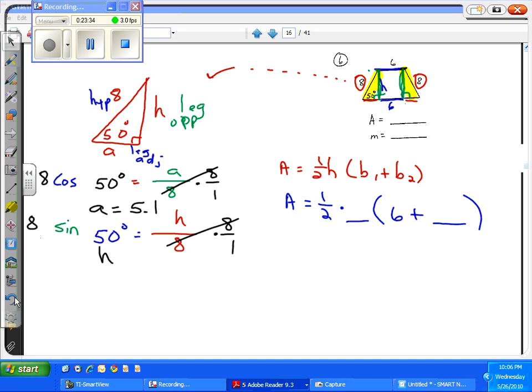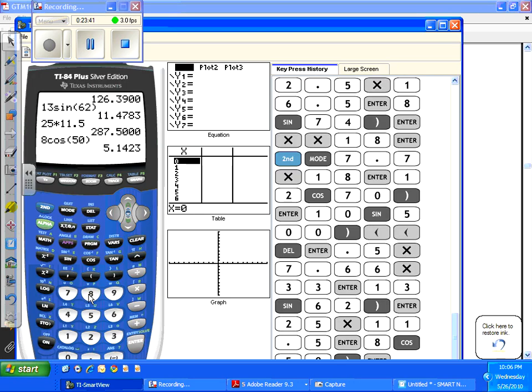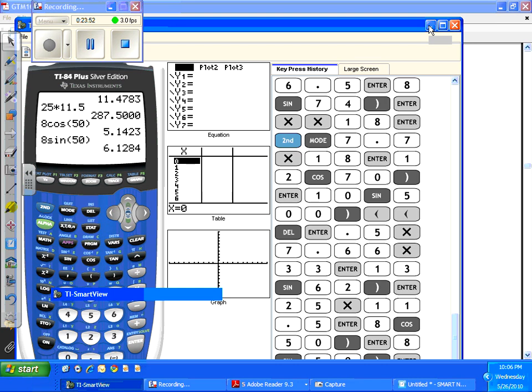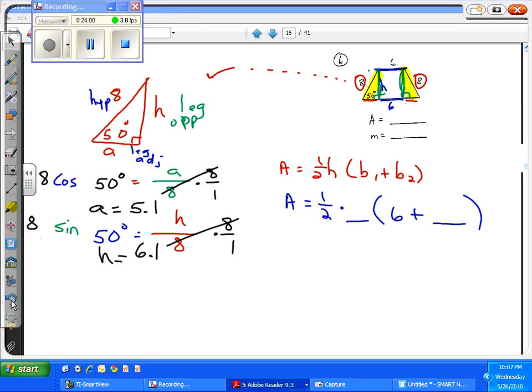Undo division by multiplication or cross multiply, and you get H is equal to 8 sine 50. So we do 8 sine 50. We get 6.1 rounded. So the height is 6.1.